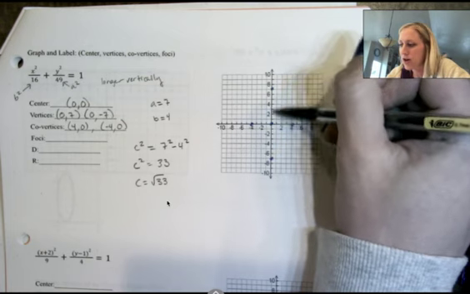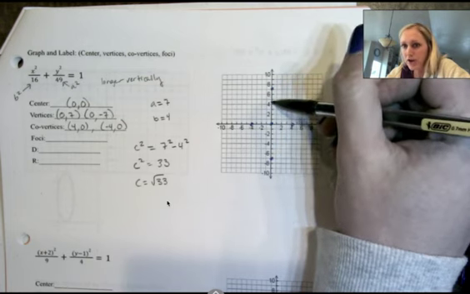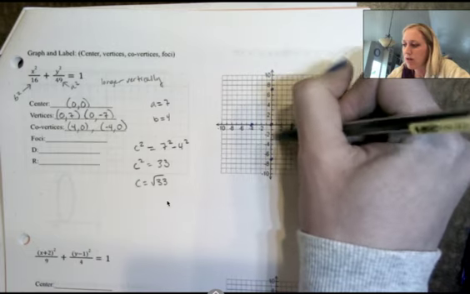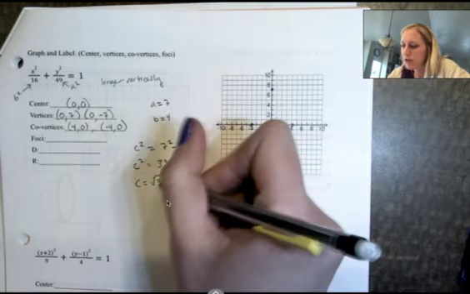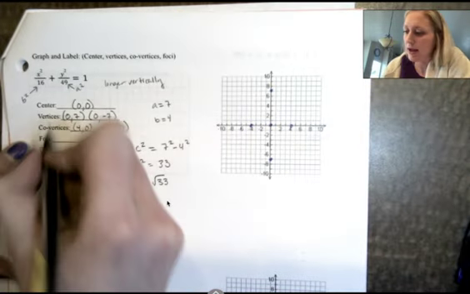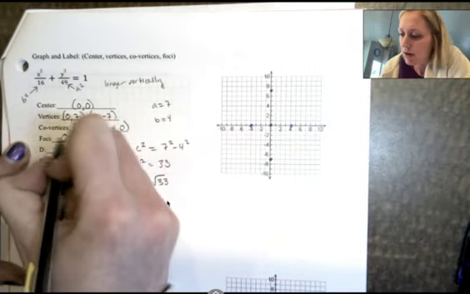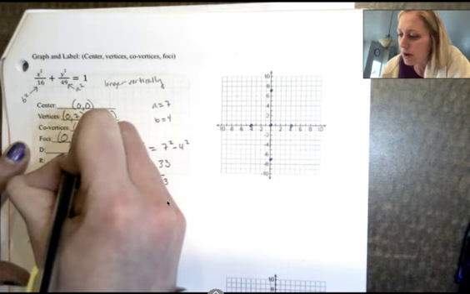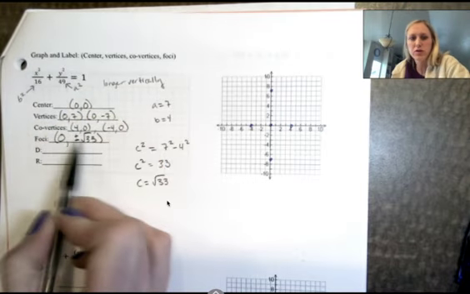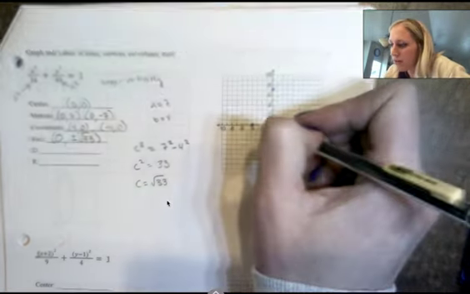So the foci are C away here. So my x coordinate is still going to be 0. And I'm going to go up square root of 33 and down square root of 33. So here's how I'm going to write that. I have 0 and then 0 plus or minus square root of 33. So there's two different foci here, okay? And they're going to be somewhere in here.